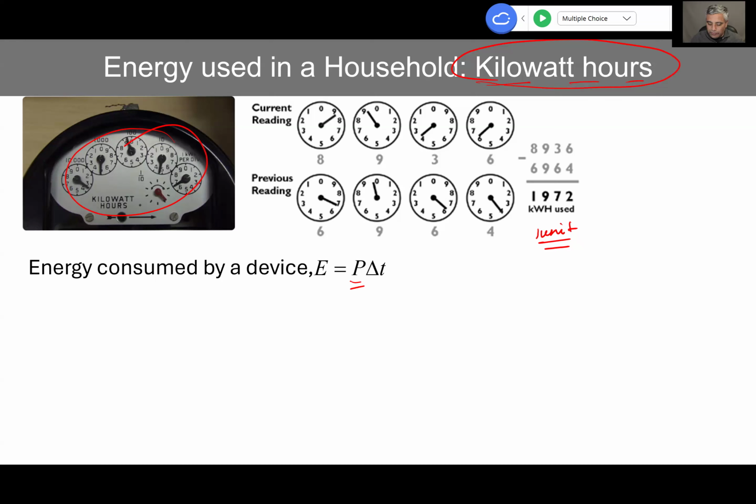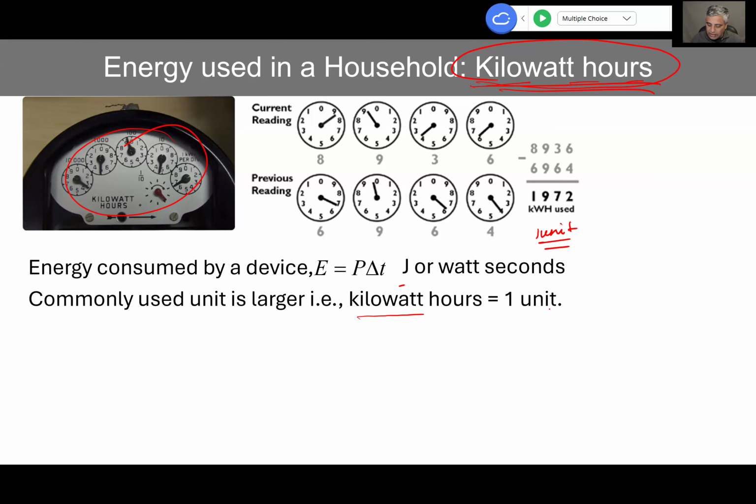So power times the time gives us that energy, because power is the rate of transfer of energy. So the unit is going to be joule or watt times seconds, but in our home, it uses kilowatt, and instead of second, it uses hour, and that's called 1 unit of energy consumed, okay?